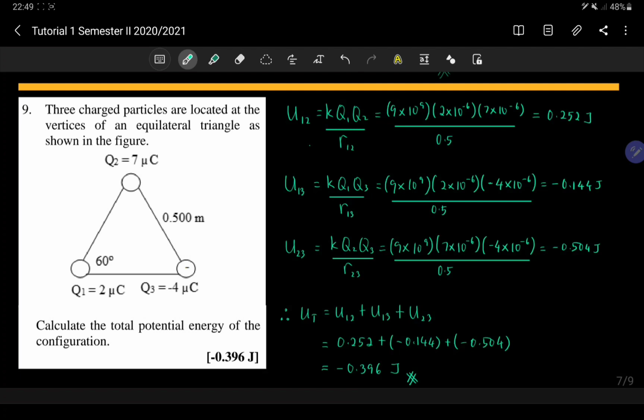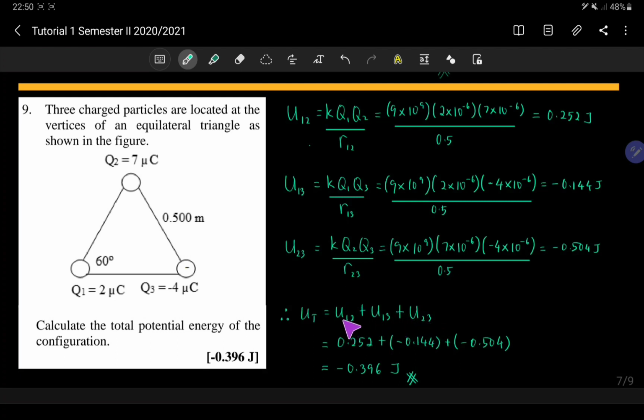Total potential energy depends on the number of couples. How many couples do we have? The couples that we have are 1 2, 1 3, also 2 3. Only 3 couples here. 3 2 is still the same as 2 3, the same couple, isn't it? So the total potential energy equals U12 plus U13 plus U23.